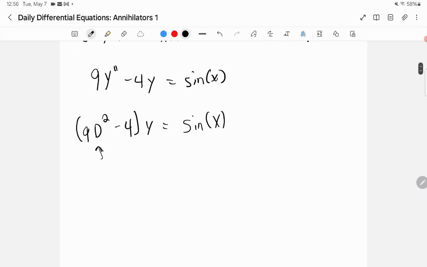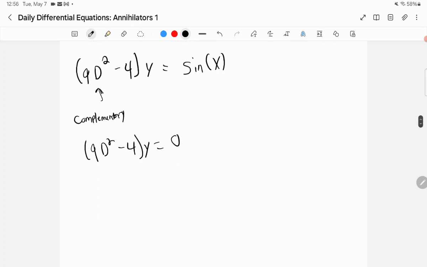And basically the complementary solution, recall, for the complementary, the 9D squared minus 4 times y should be equal to 0. That's the complementary.